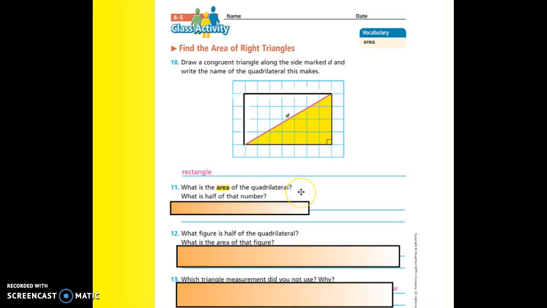Now that's the area of the quadrilateral, but it wants to know what half that number is. So half of 28, if I do 28 divided by 2, I'm going to get 14 square units. So the area of the whole rectangle is 28 square units, and the area of half of the rectangle is 14 square units.